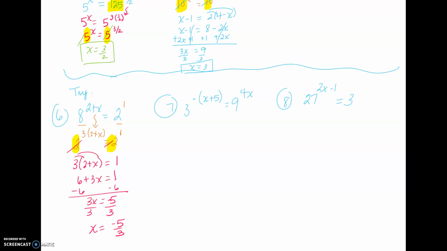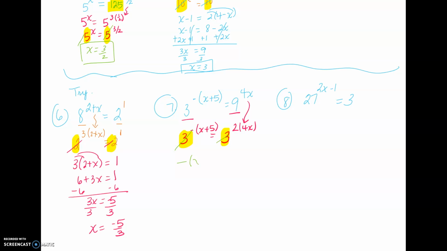All right, let's look at number 7. 3 to the negative x plus 5 power equals 9 to the 4x power. Again, we have a base of 3 and a base of 9. Can we get 9 to be a base of 3? We sure can. 3 squared is 9, but we have to bring down the 4x. On the left side, we have 3 to the negative x plus 5 power. Now that we have the same base, we get rid of them.